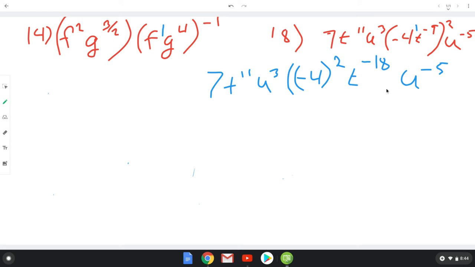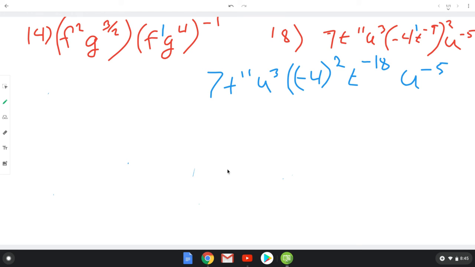Okay. In my next step, I want to figure out what negative 4 squared is, because then I'll just have regular numbers and I'll be able to deal with them. So negative 4 squared is negative 4 times negative 4. So that's positive 16, because a negative times a negative is positive.